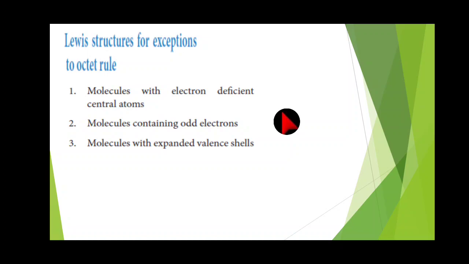Boron has electron deficient nature, so such molecules do not satisfy the octet rule, right? Second, molecules containing odd electrons do not satisfy it, and third, molecules with an expanded valence shell. So what are the examples for the 3 points? We will see that. First one, molecules with electron deficient central atom.